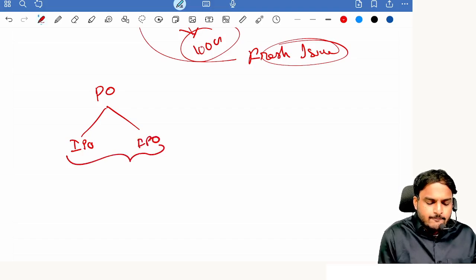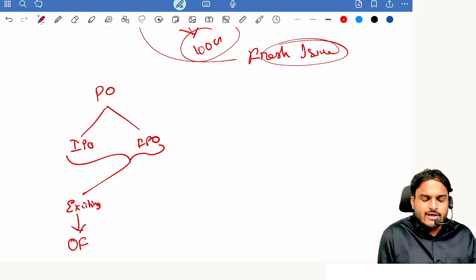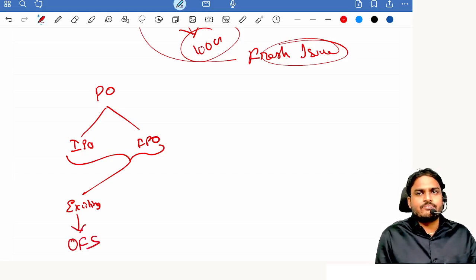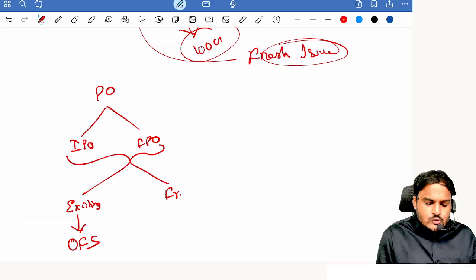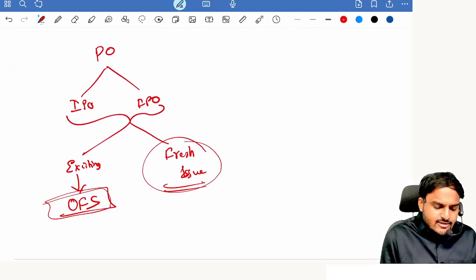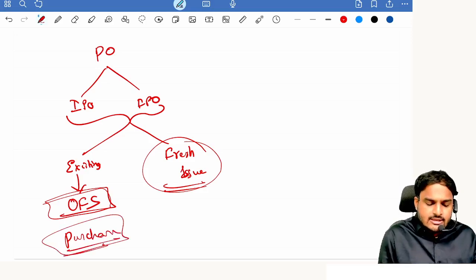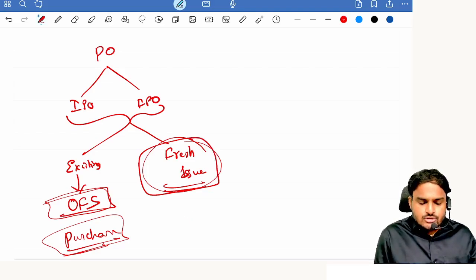In IPO or FPO, if the company is offering existing shares which were subscribed by existing members, we call it OFS, offer for sale. Here we are using the word sale. And if it is a fresh issue, the company is going to utilize the money. That's why, here, anyone making an investment is making a purchase of securities. Coming to fresh issue, any person taking shares of the company in a fresh issue, we call it subscription.